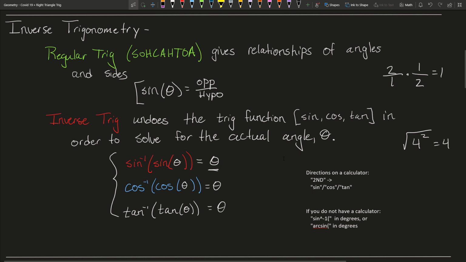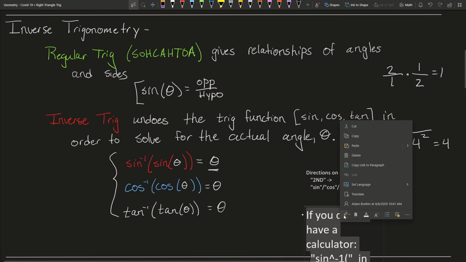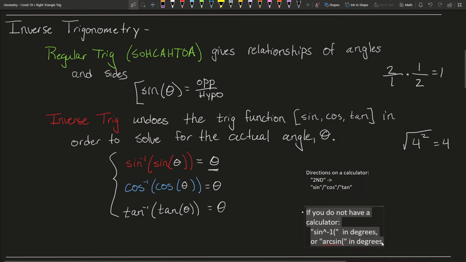You can go to Google. You would type in sine caret -1, open parentheses, whatever you're taking the sine of, close parentheses, and then in degrees, and that'll give you theta. That doesn't make a whole lot of sense right now, so let's get to an example.